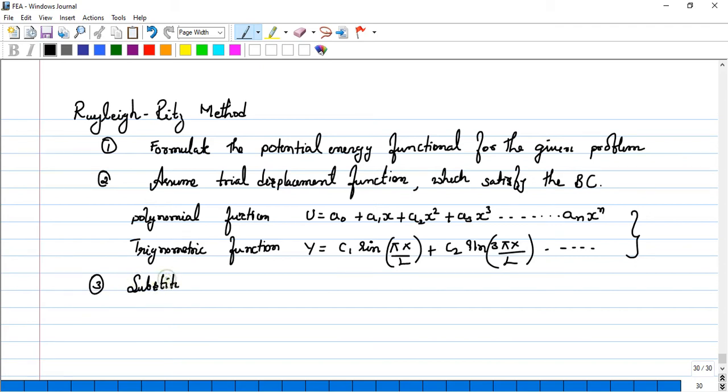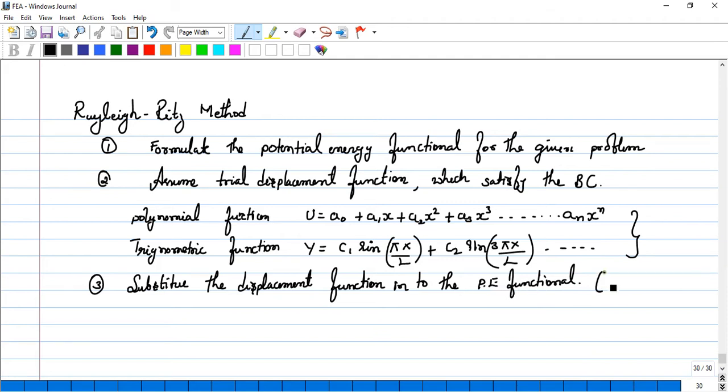We know that the potential energy functional is given by pi equal to strain energy plus work potential.